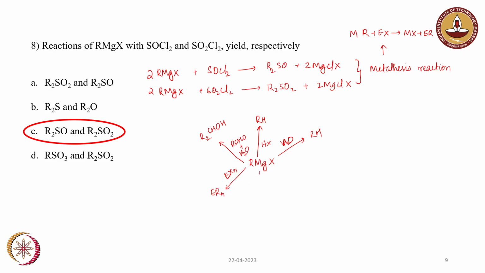And with carbonyls and water forms aldehydes, and with oxygen it forms alcohol. And here E can be boron, silicon, germanium, tin, lead, phosphorus, arsenic, and antimony.